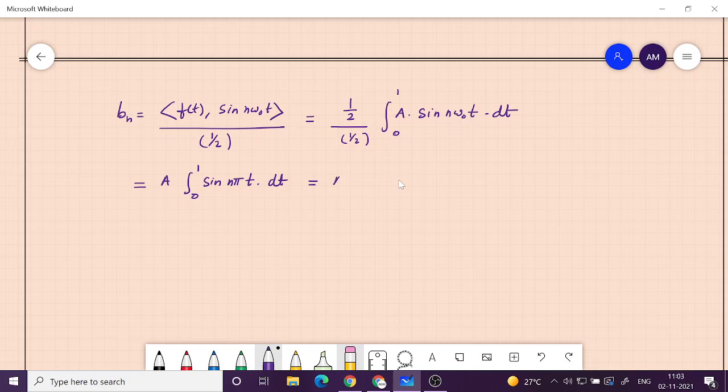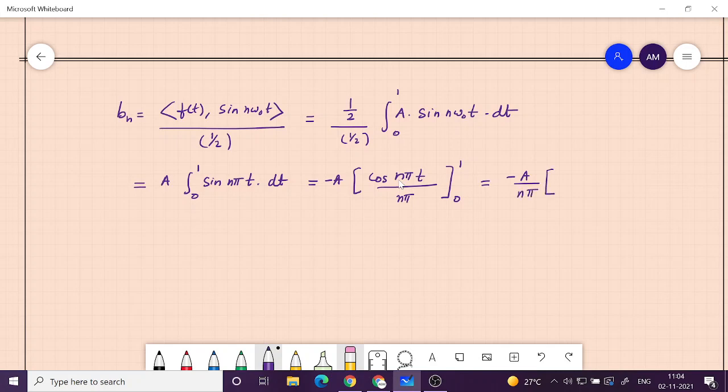Alright, so now let's integrate. The integral of sin gives minus cosine. So cos n pi t divided by n pi, with the limits 0 and 1, which is equal to minus A by n pi.